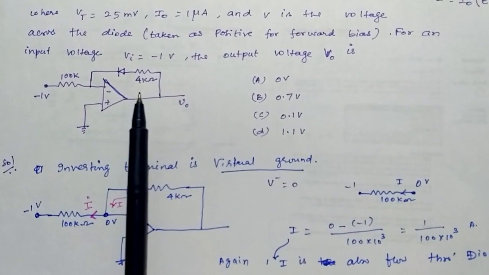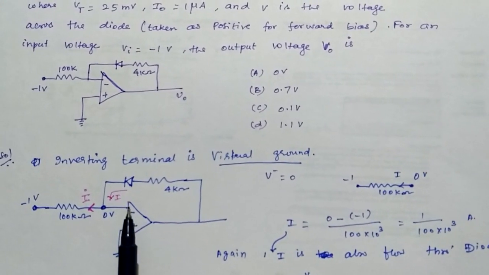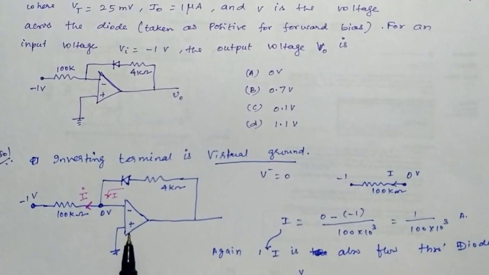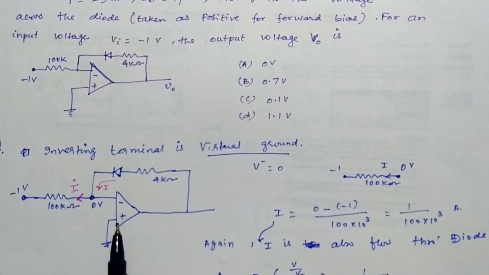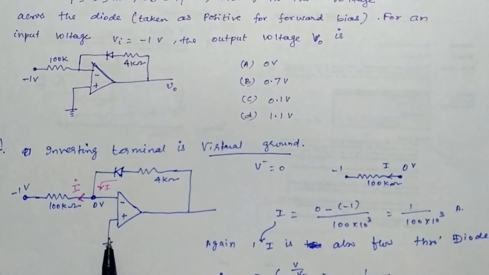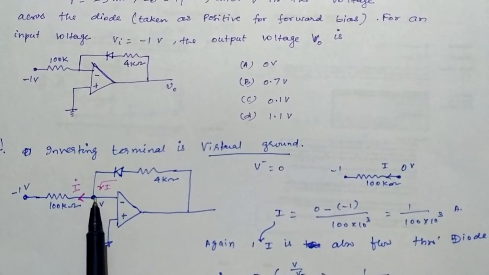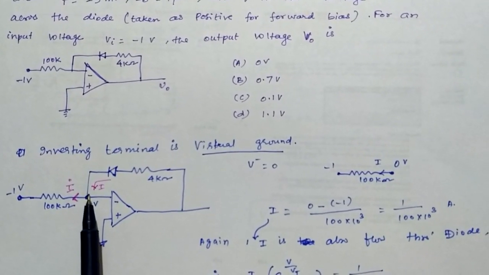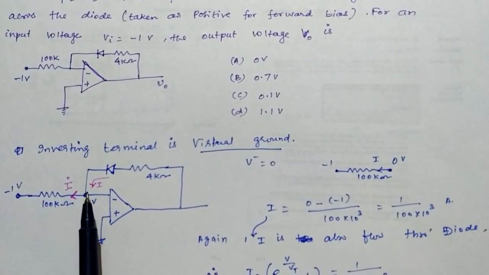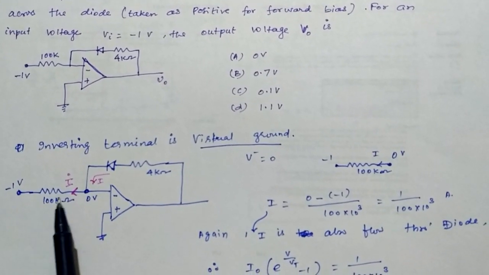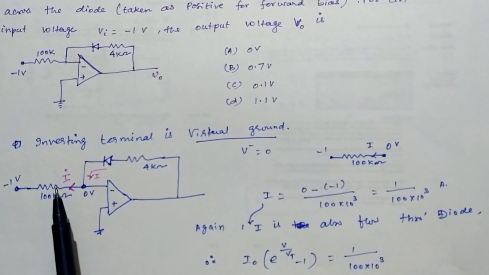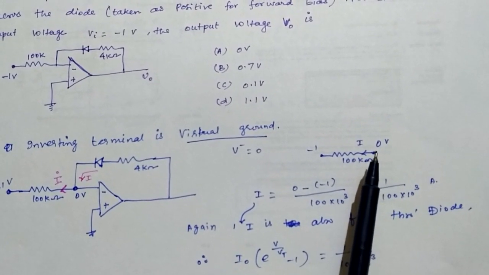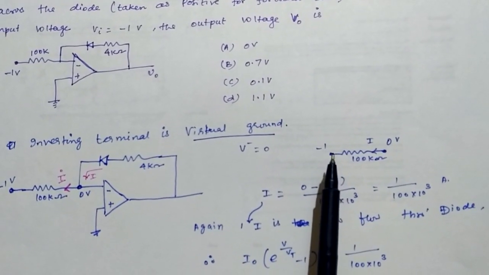Now this circuit diagram we redraw once again like this. Since this plus terminal, the non-inverting terminal, is grounded, this inverting terminal is also grounded. So the current flow in this part of the circuit: here we have 0 volt and the applied voltage is -1.